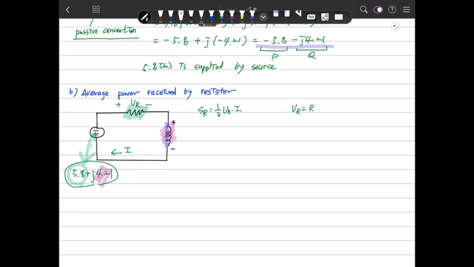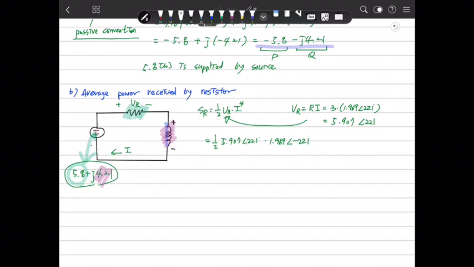VR is RI, which is 5.907 at 221 degrees, and the current is 1.969 at minus 221 degrees for the conjugate.